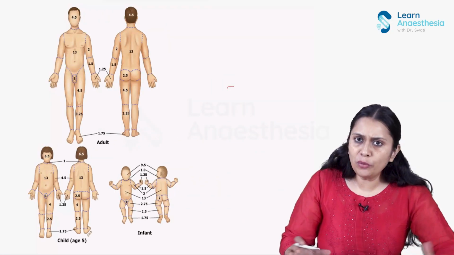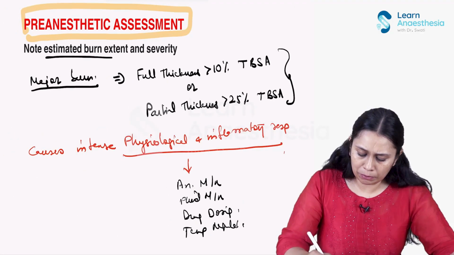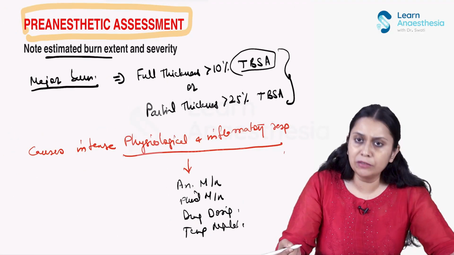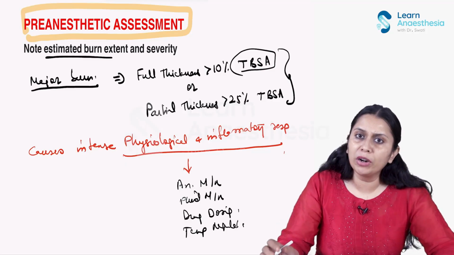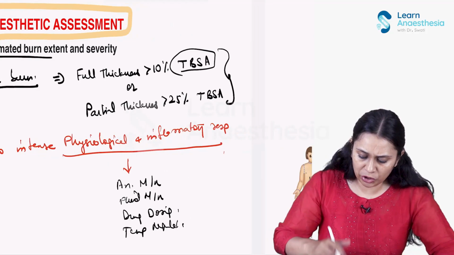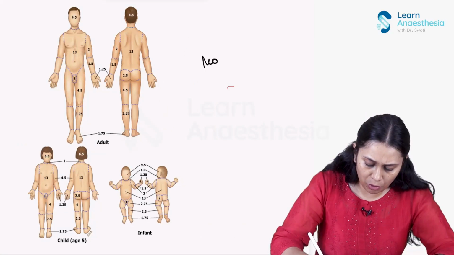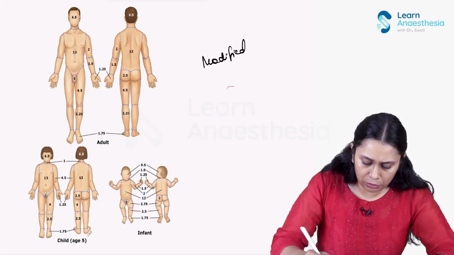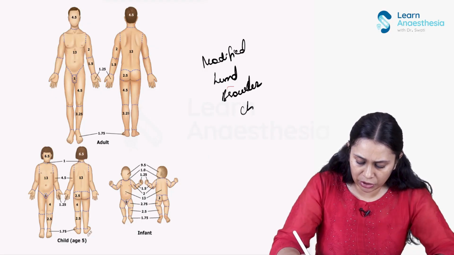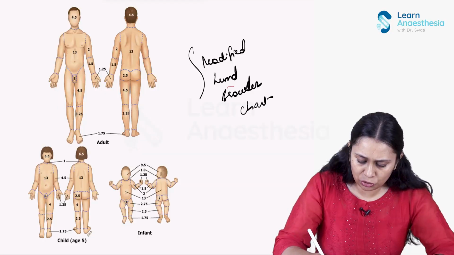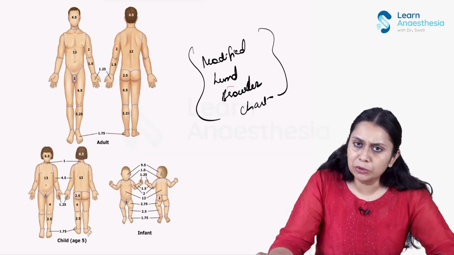How do we calculate the percent total body surface area involved in the burn patient? By a simple modified Lund-Browder chart, and this should be attached in every burn ward.